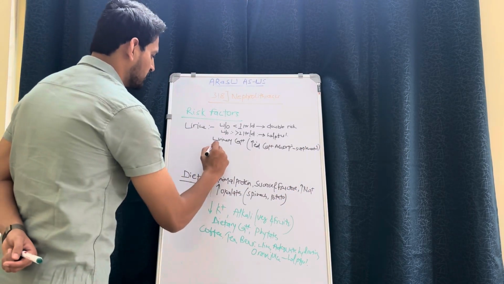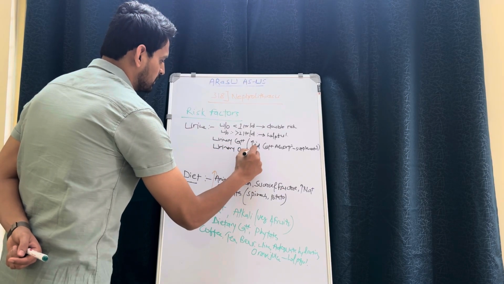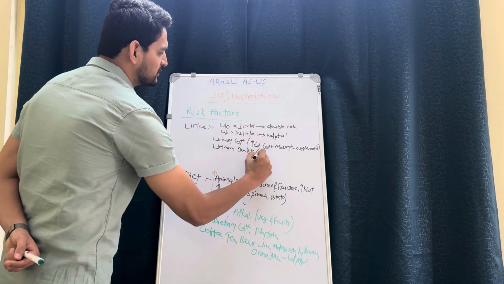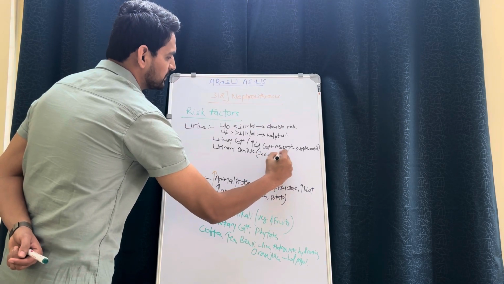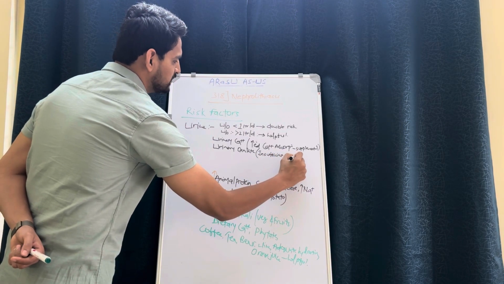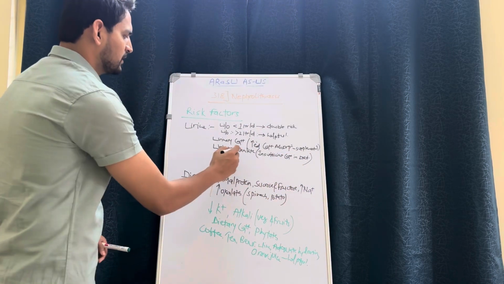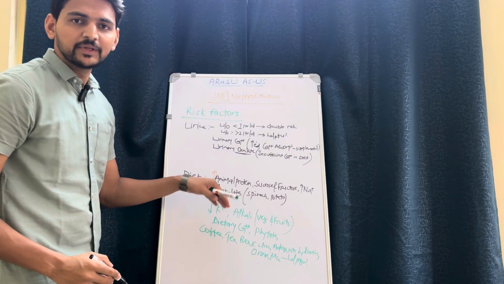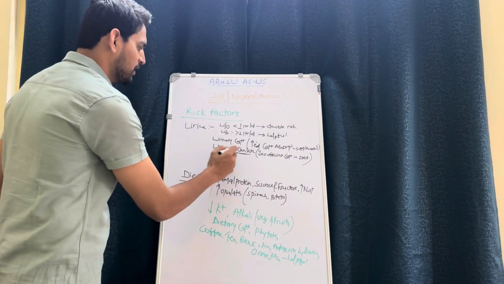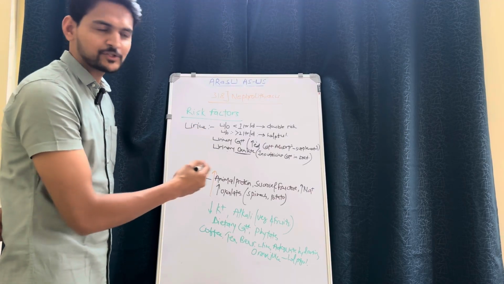Then we can consider increased urinary oxalate levels. This happens when there is insufficient calcium in the diet. So if there is not sufficient calcium, the oxalate will be excreted into the urine. So urinary oxalate levels will rise, leading to risk of calcium oxalate stones.